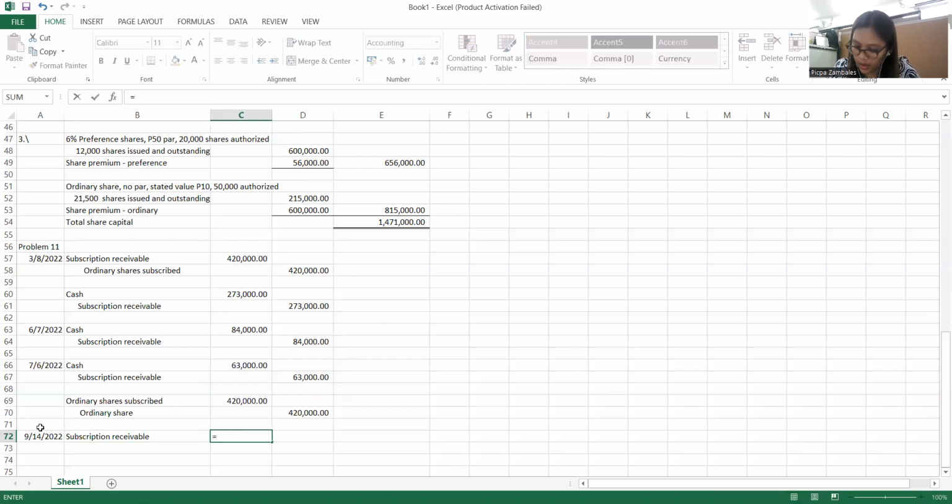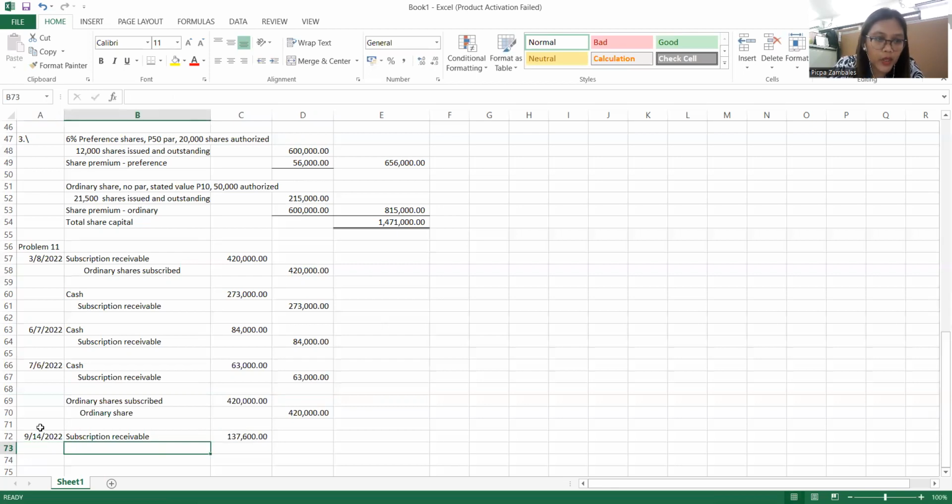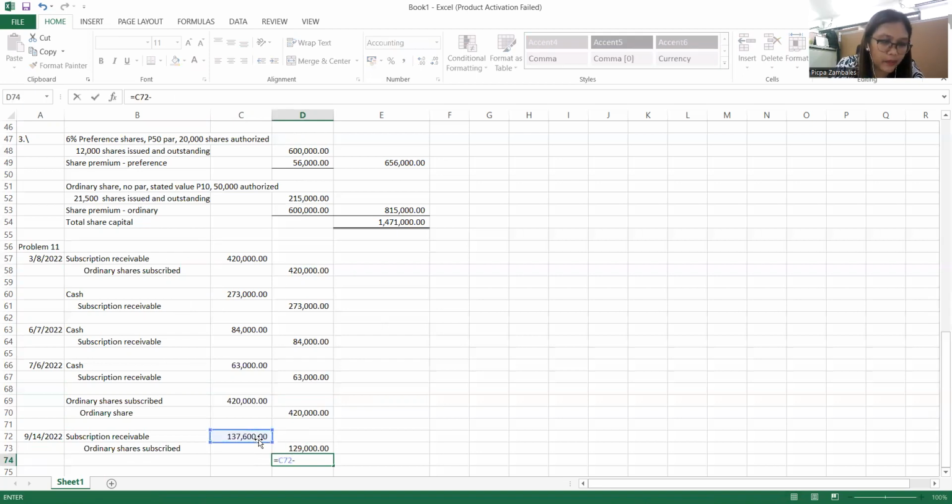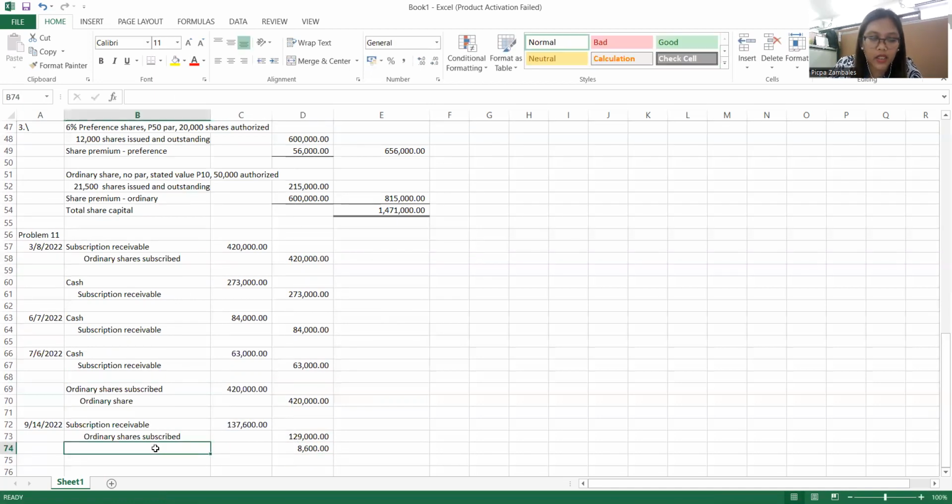So, that is 4,300 times 32. Then we have ordinary shares subscribed. Of course, the par value of that share that was subscribed is 4,300 times 30 pesos. Then there's an excess, no? Na magkano ang excess natin? 137,600 minus 129,000. It's 8,600 na share premium.